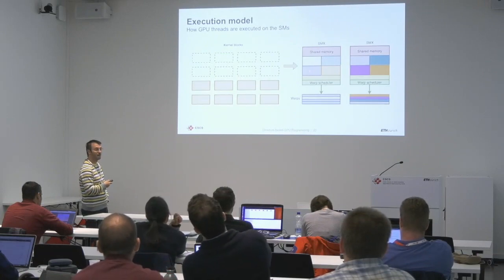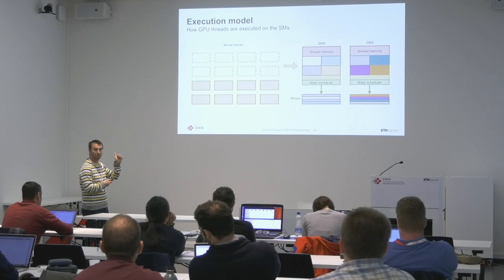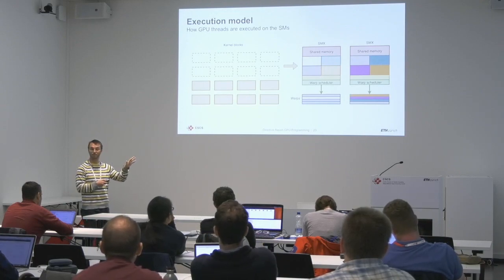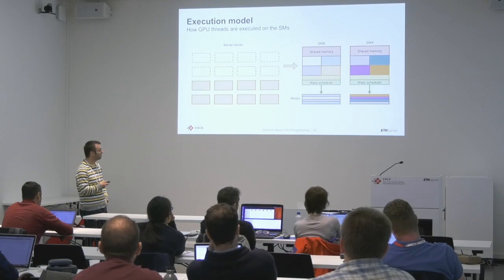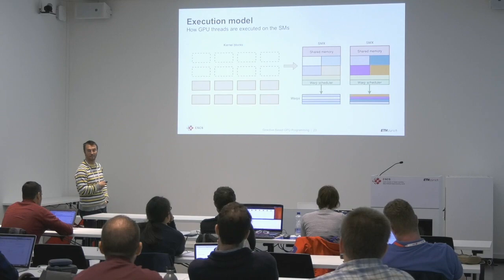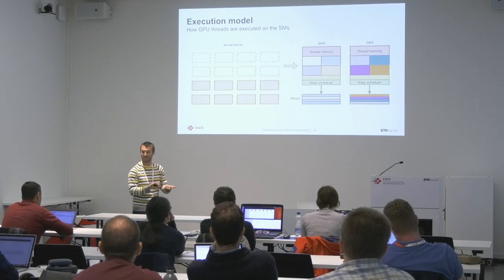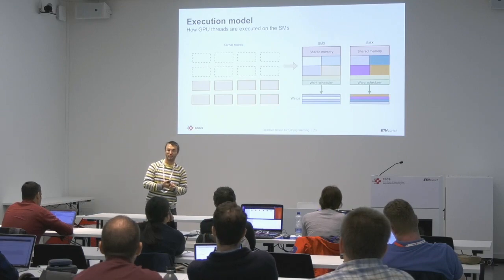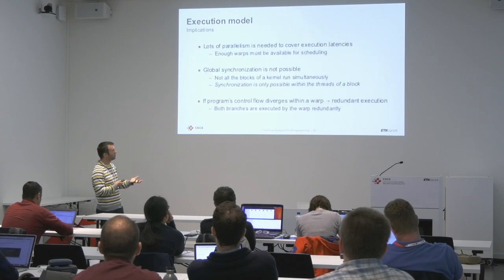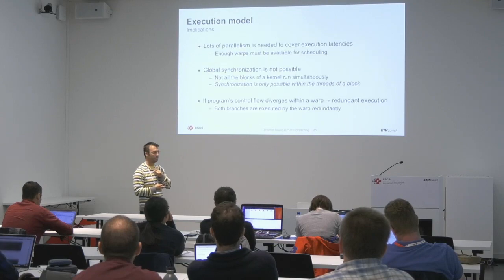A block will run to completion before it's moved out. A block cannot be preempted, like on the CPU. So this block will end. So if this guy waits for this guy, then this cannot happen. So that's why you cannot have a global synchronization within a kernel.